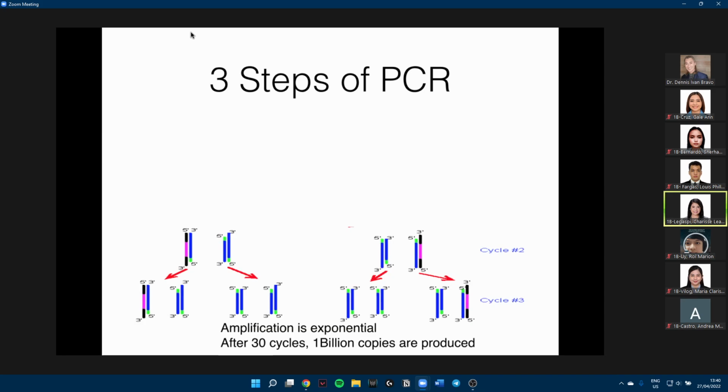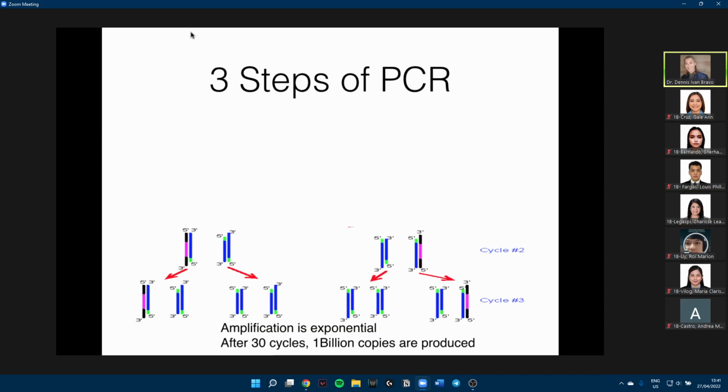Usually po, Doc, we do it in 1 to 2 hours. So about 2 hours. Okay, how do you confirm that you are successful in your amplification process? We do agarose gel electrophoresis po. Okay, so what are you going to check in the agarose gel? The presence of a band representing the amplicon, and number two, the size.